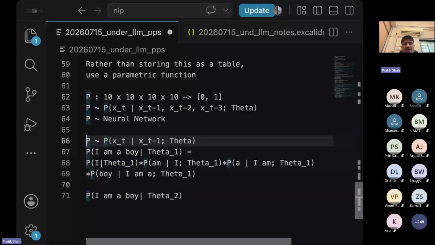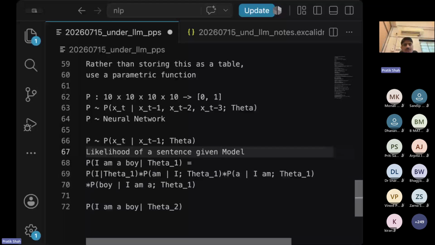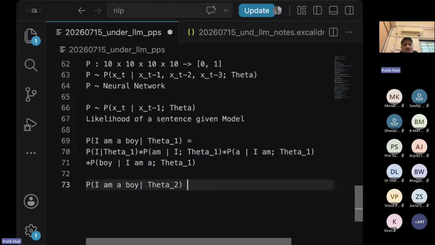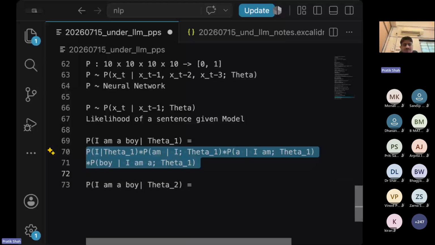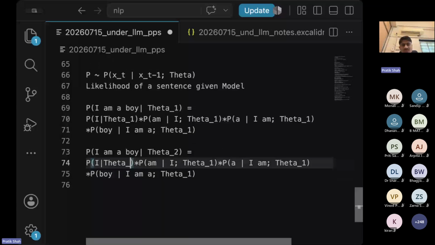How likely is it that the sentence I am a boy is coming out of the first neural network with parameters theta 1? With this, I can find out the likelihood of the first model. How likely is it that this sentence is actually coming out of the first model? It is almost like a classification problem, correct? Then I can ask this question to model 2, the second neural network.